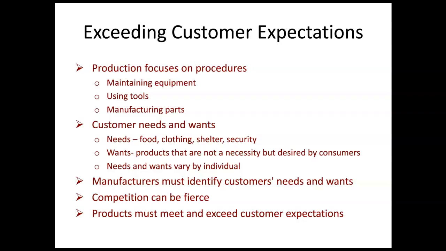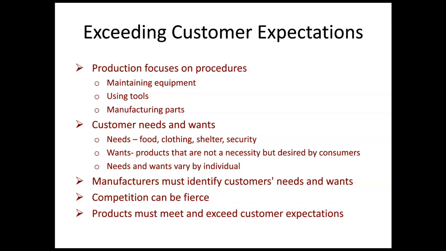Needs and wants might vary, and oftentimes with wants, customers might want customization. That's important to understand when we're talking about what a customer needs and wants as well. So it's very, very important as a manufacturer who's producing these products to identify what those are in terms of customer needs and wants.